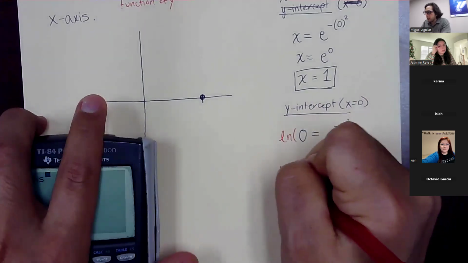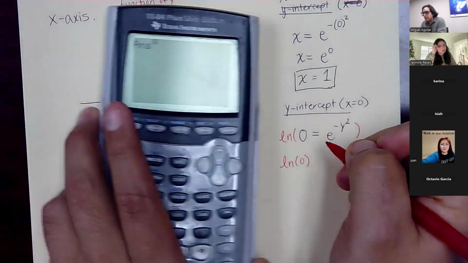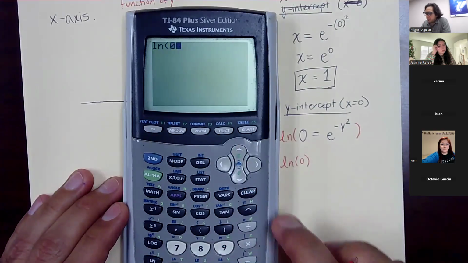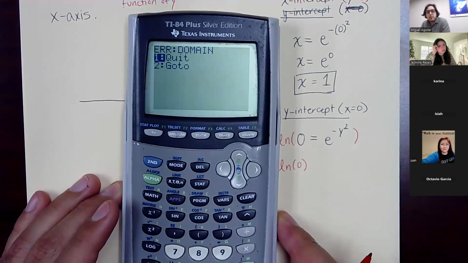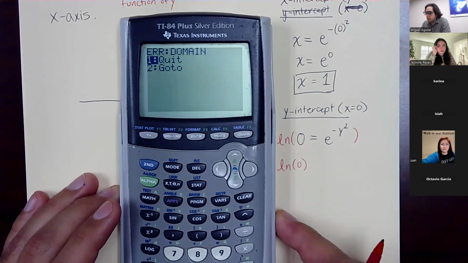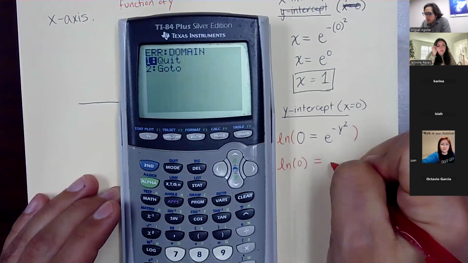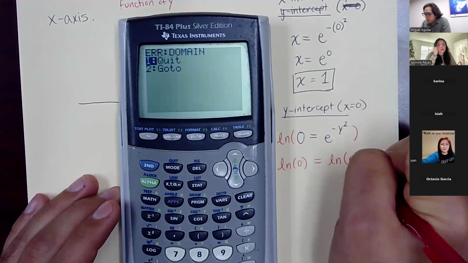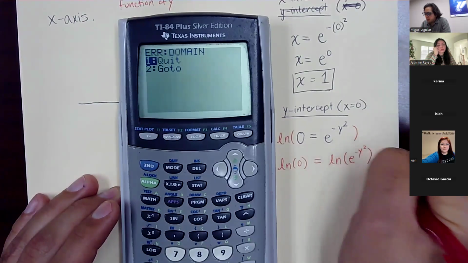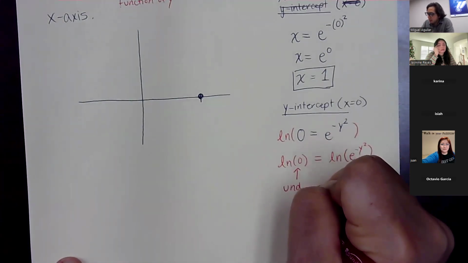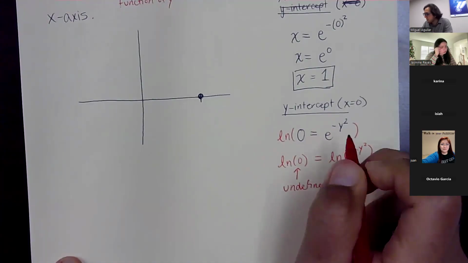But if I took the natural log of 0, then I'm getting an error, right? Because the domain of natural logs has to be a positive number. It cannot be 0. So this isn't going to work. Okay. So this we can say is undefined. So that didn't really help us.